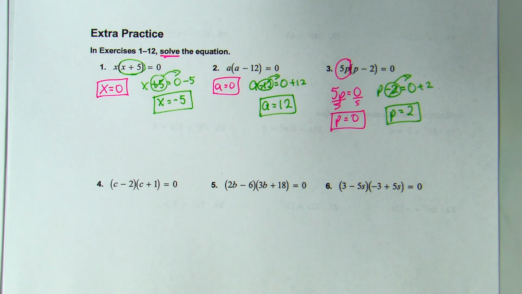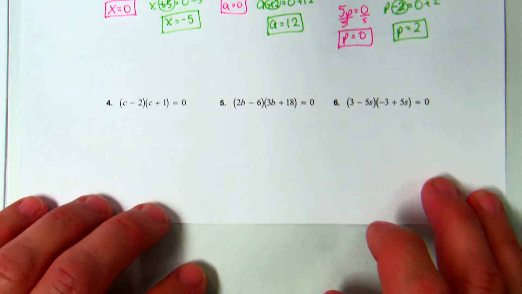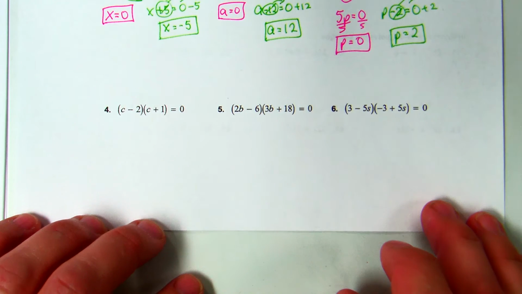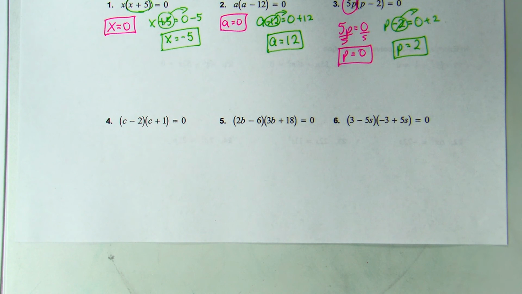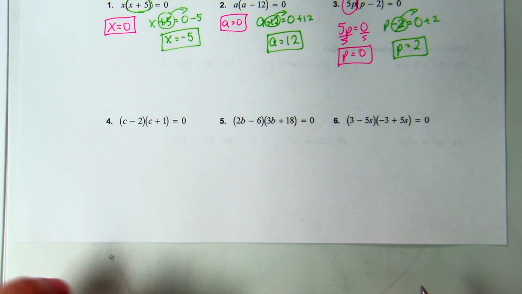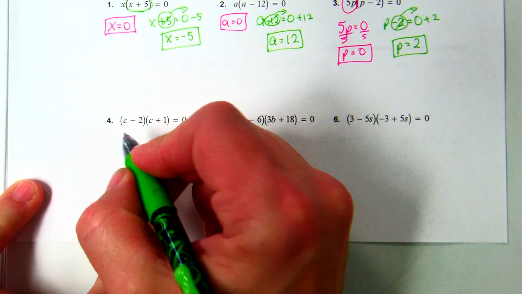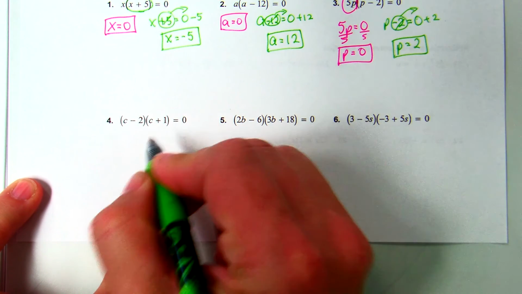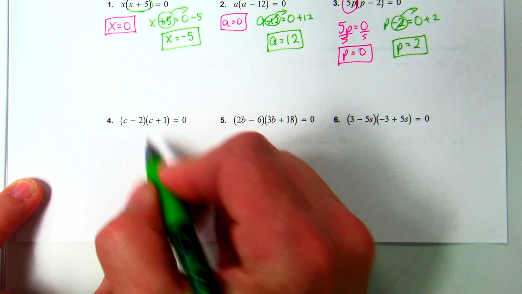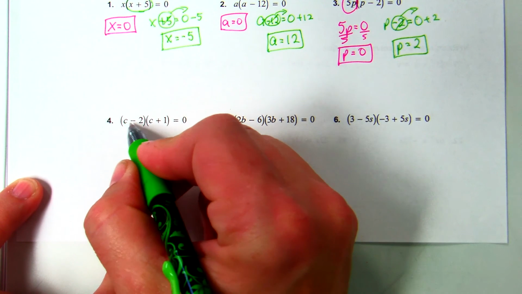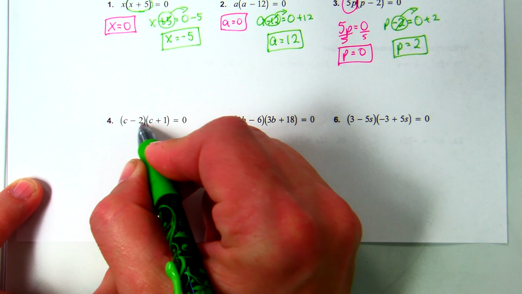All right, let's look at the next 3. Again, we're setting each factor equal to 0 to see what possible roots or solutions we have here. We can do this one again rather easily. We have coefficients of 1. We know that all it's going to mean is we've got to have a positive 2 to make the negative 2 go away.